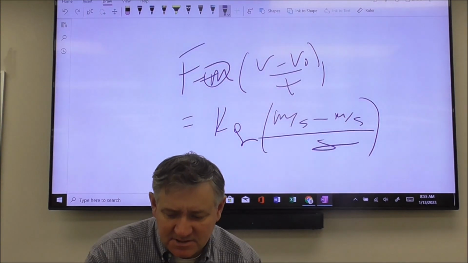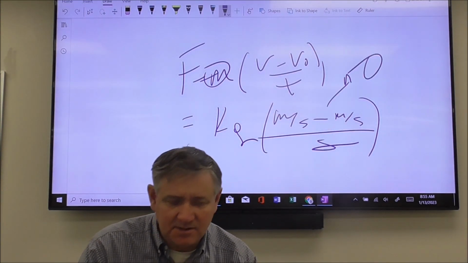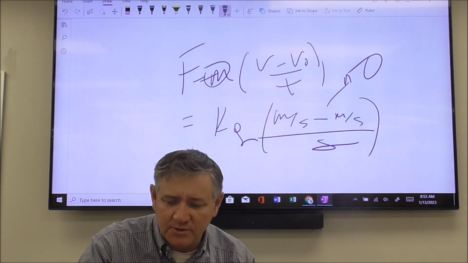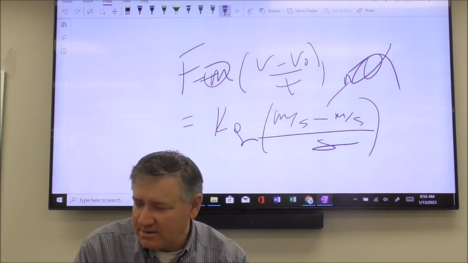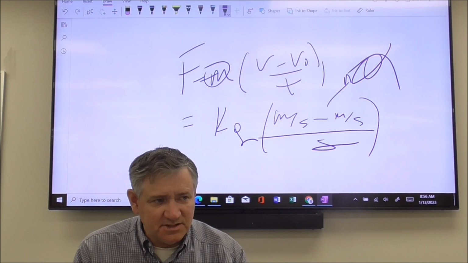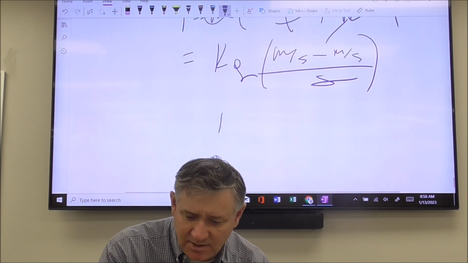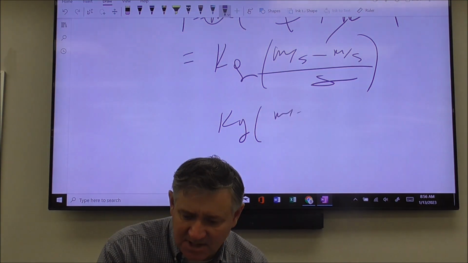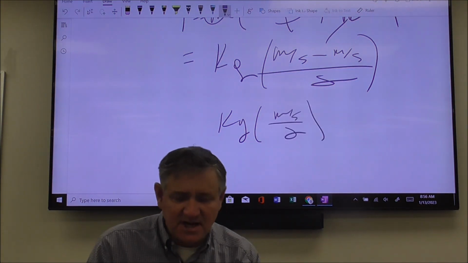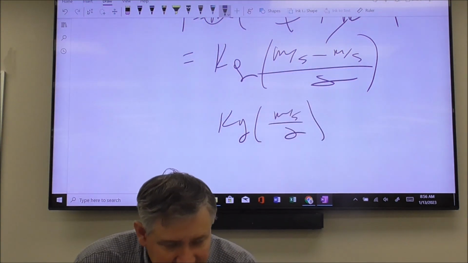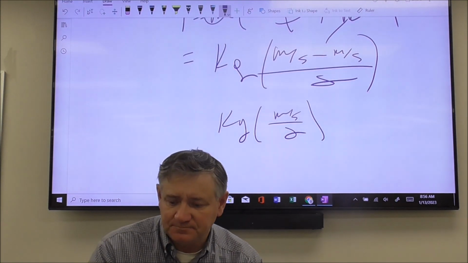Now, is meters per second minus meters per second equal to 0? Horrible. No. Stop. No. Okay? All that tells you is that you get meters per second out of it because it's the same units. So then you go, oh, that's kilograms, meters per second over seconds. Now, instead of dividing by seconds, what are you going to do?